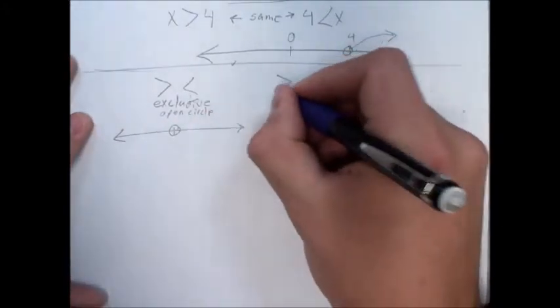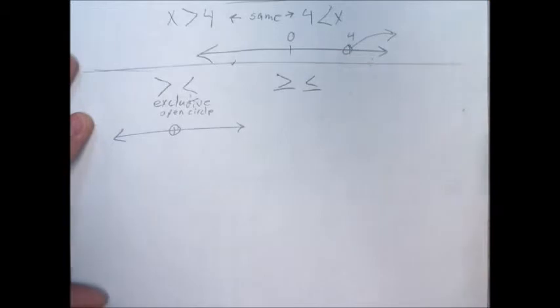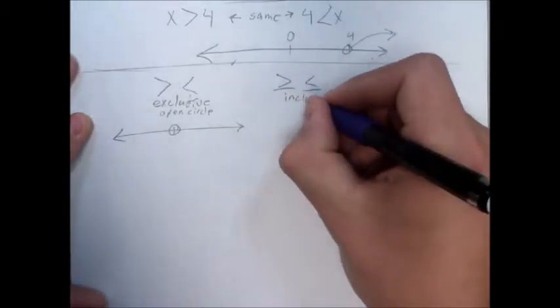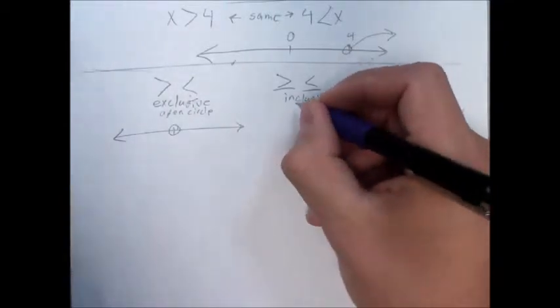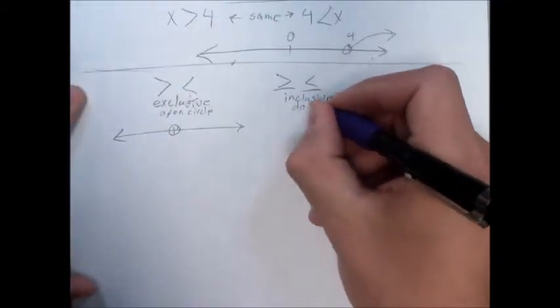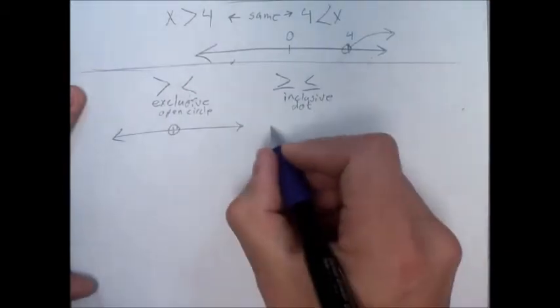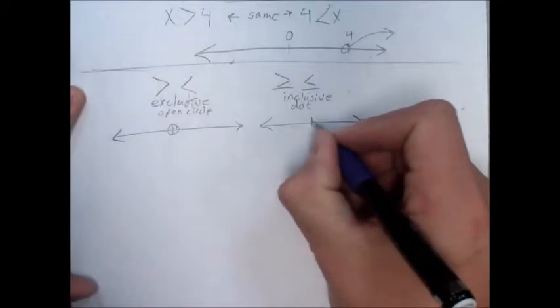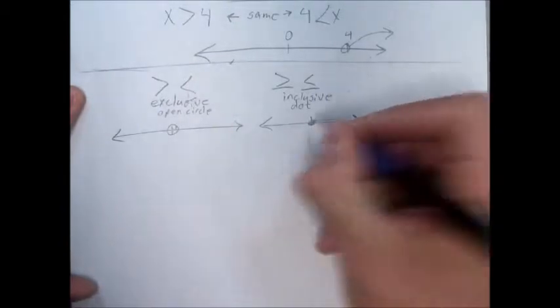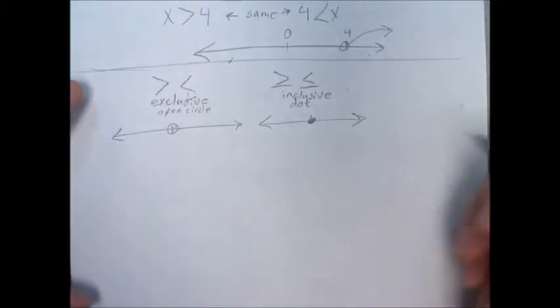On greater than or equal to and less than or equal to, these are inclusive. That means they include the number. Okay? They have a dot or a closed circle, whatever you want to call it. So I just call it a dot. So here on this number line, when I plot this point, it's a closed circle. So I'm going to draw the arrows on this now.